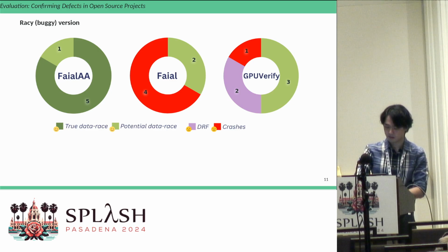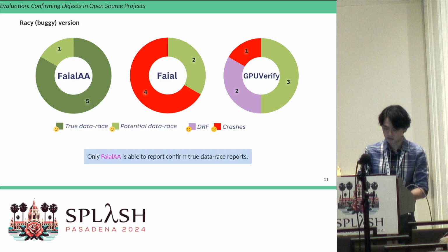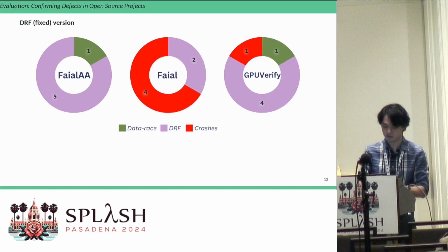We see that Faial crashes on most of them, and GPUVerify even reports 2 as DRF, so that's an unsound report. And we noticed that only Faial-AA is able to report true data race reports out of these tools.